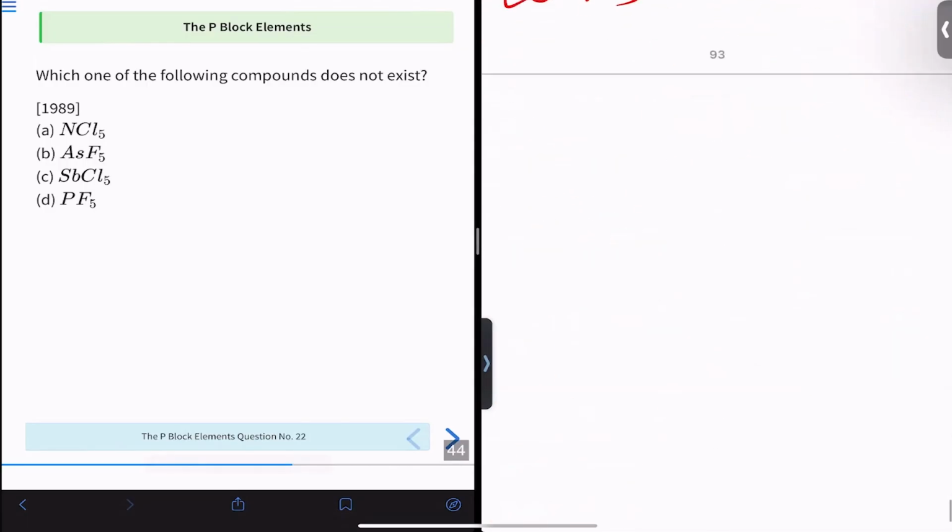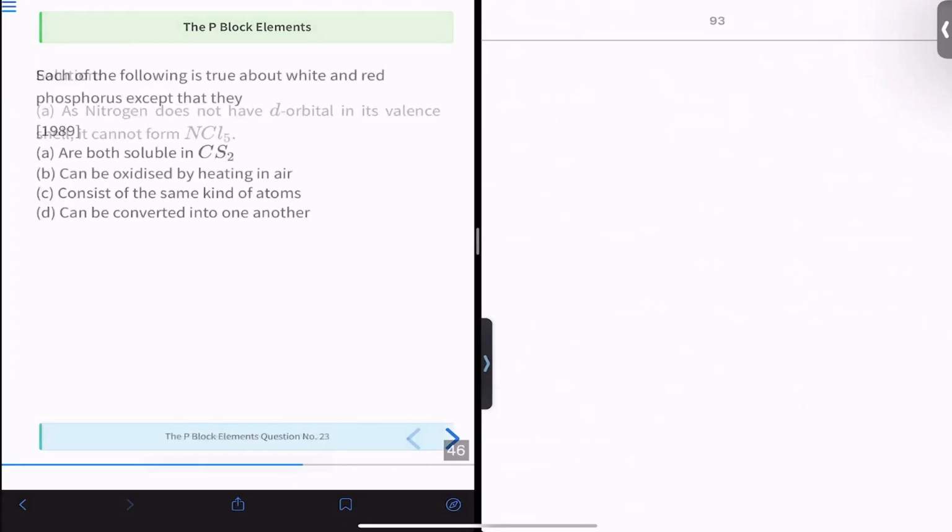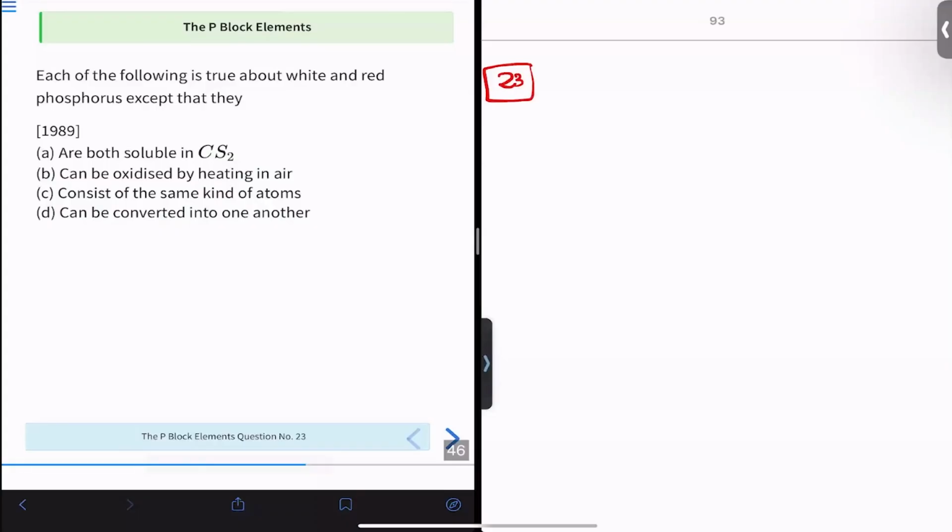Okay, guys, with this I'll move to question number 23. Question number 23 says, each of the following is true about white and red phosphorus except what?